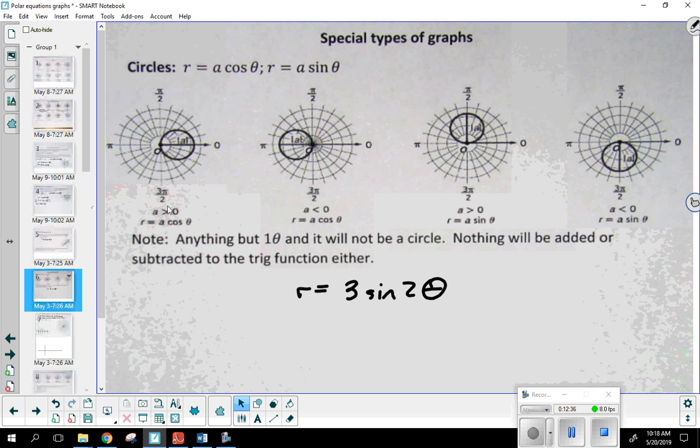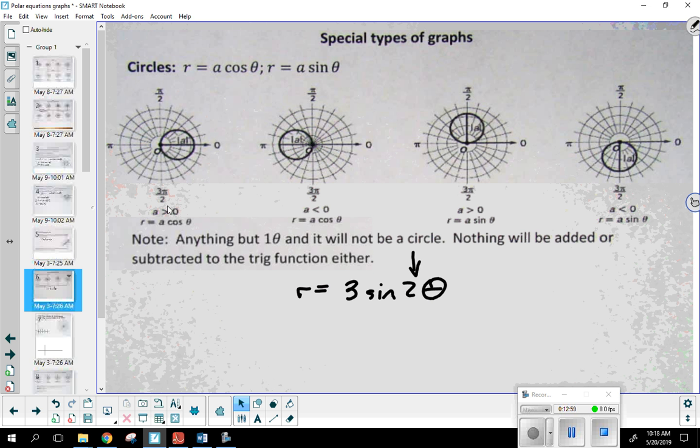That's exactly right. This is what we're going to refer to as a rose. As soon as you put some kind of coefficient there in front of theta, it no longer becomes a circle, it becomes a rose. So kind of think of it as a flower. The scale factor is going to tell you how long each of those petals will be. That coefficient is going to tell you how many petals there are going to be.